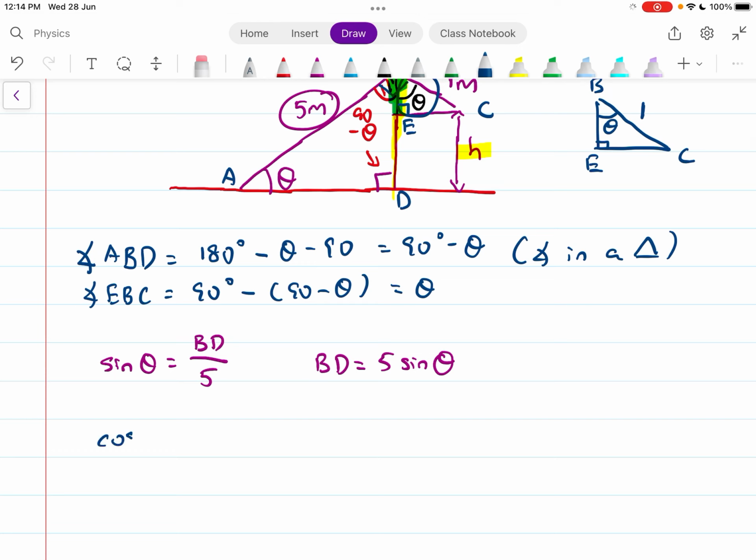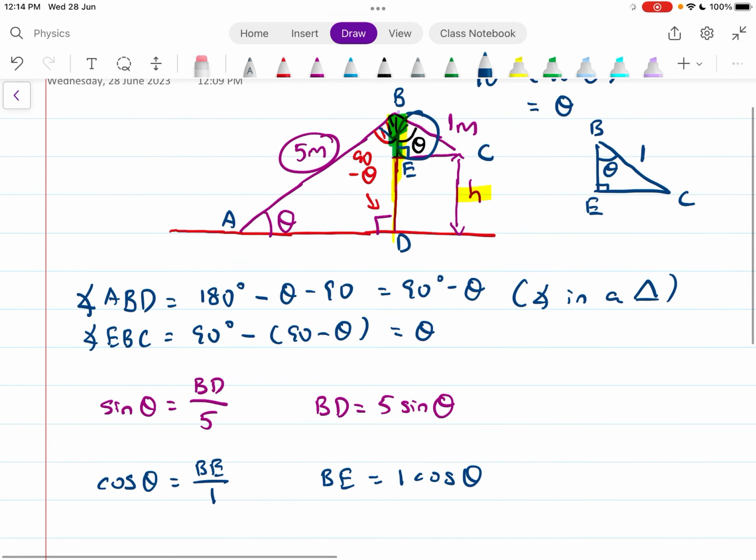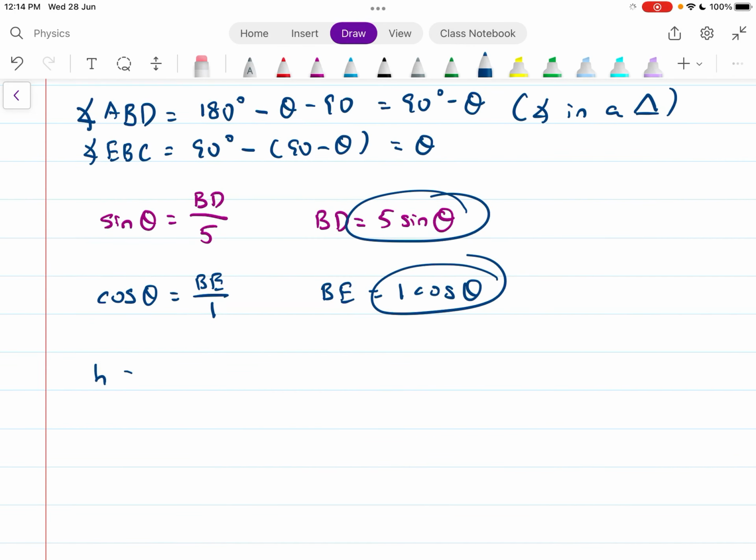Cosine theta is equal to BE over 1, so BE is equal to 1 cosine theta. Of course, you just use the big length minus the small length to find h. So h is equal to 5 sine theta minus 1 cosine theta. So that's the answer.